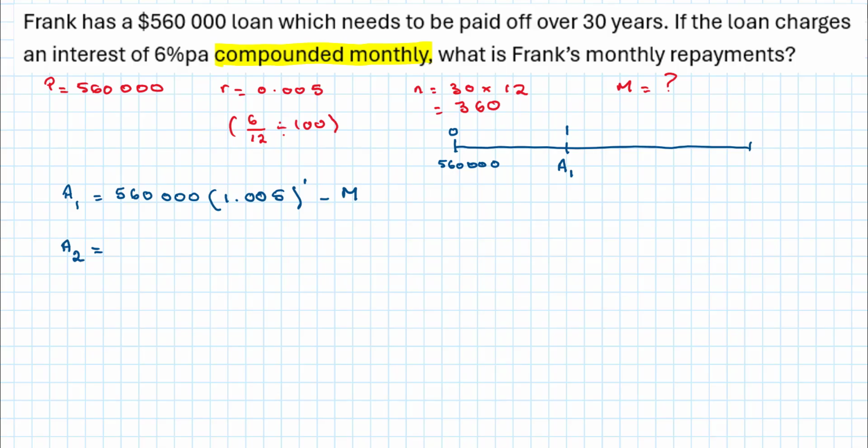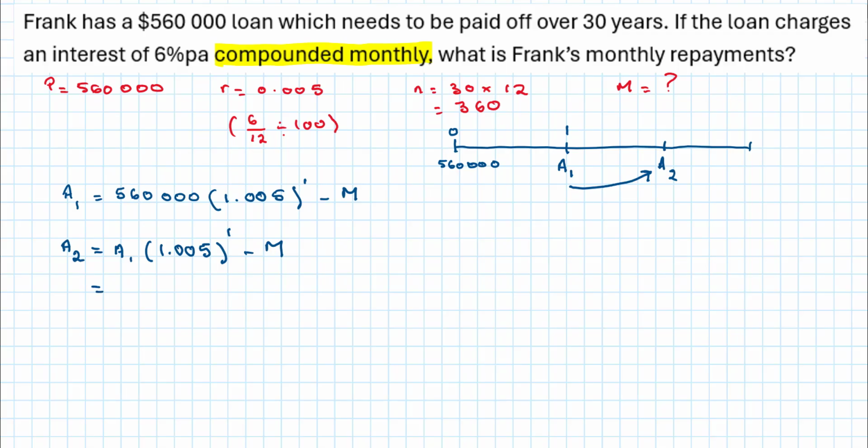So when we come to calculate interest for the second month, we are calculating interest on A1. So our principal now is A1. So A1 accumulates interest for 1 month, so compound interest, and we make our next repayment.